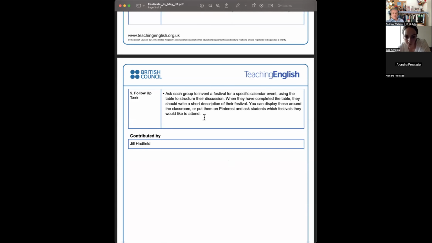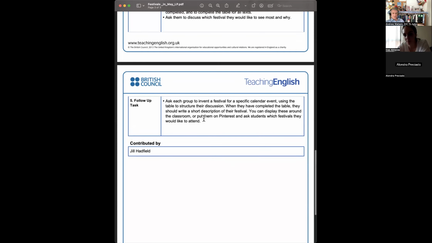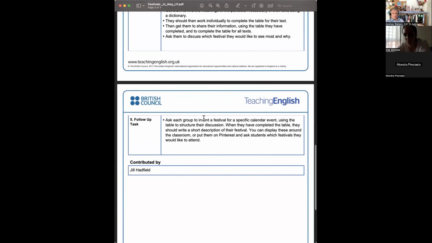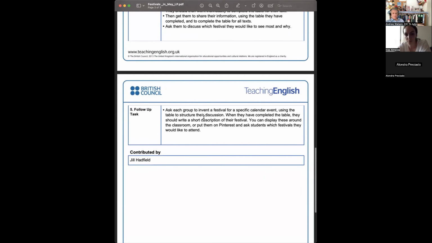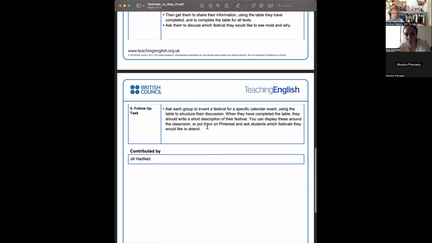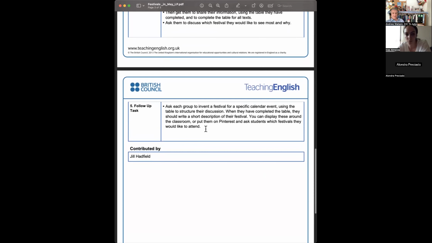Well, wait a minute. It does say festivals. And if you look at the end, the outcome says here at the bottom of the lesson plan, ask each group to invent a festival for a specific calendar event, using the table to structure their discussion. So we need to adapt the topic for other students. Well, yes, you can adapt it for different age groups, but the end product needs to be inventing a festival.